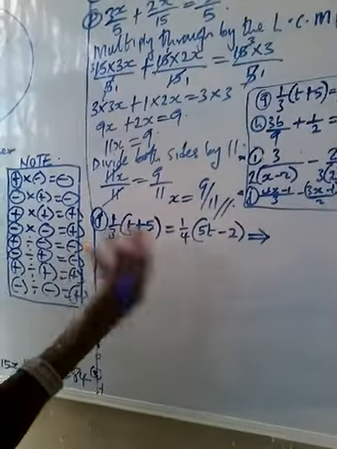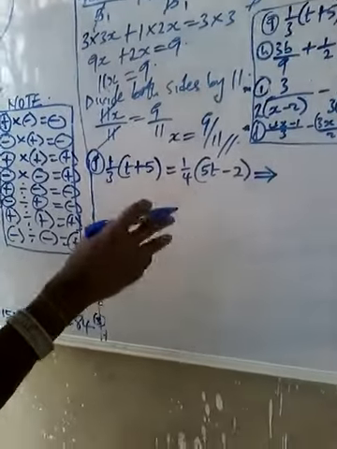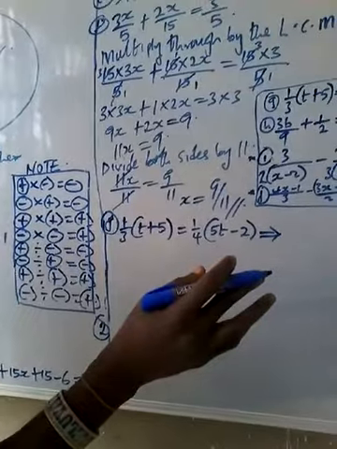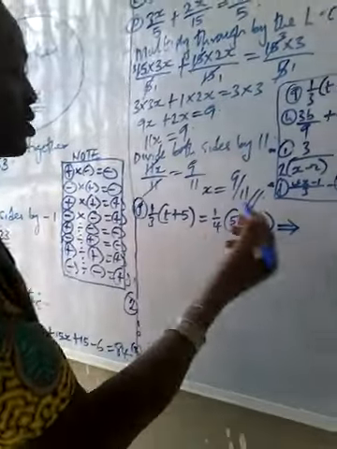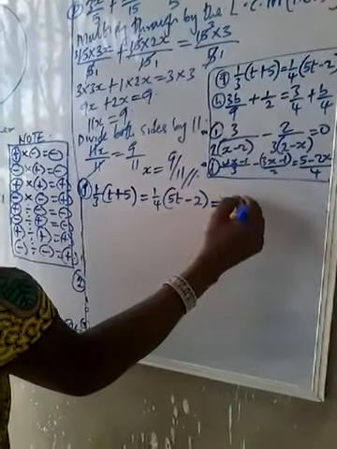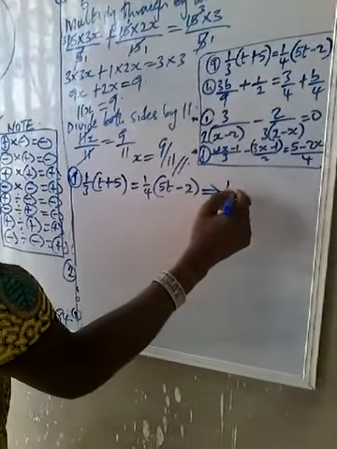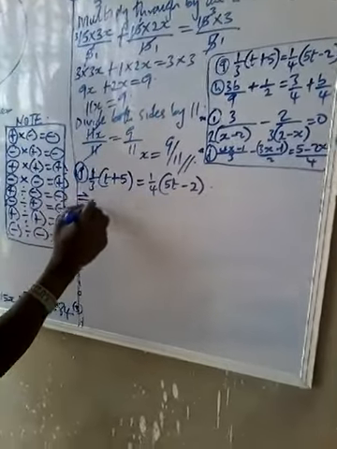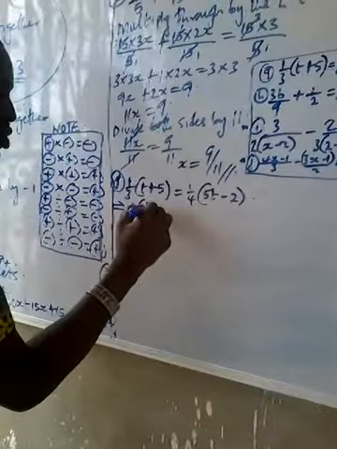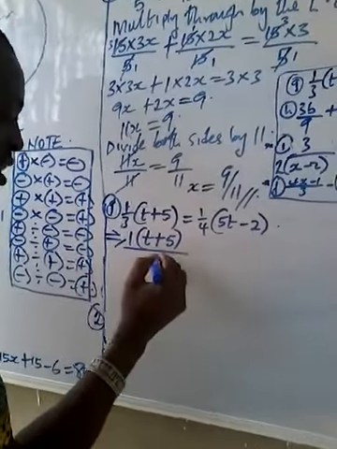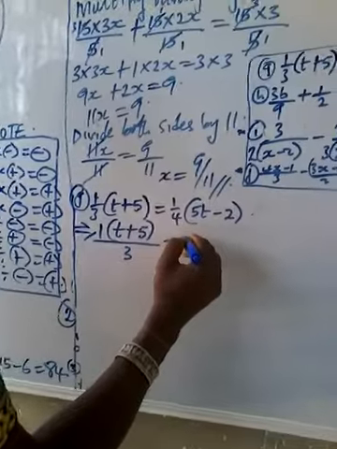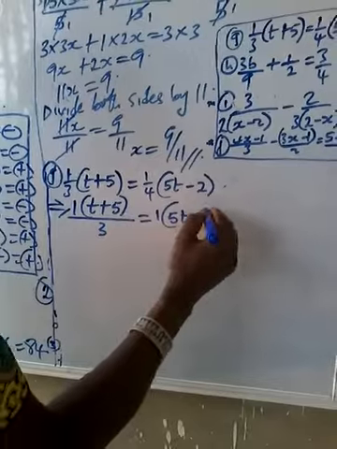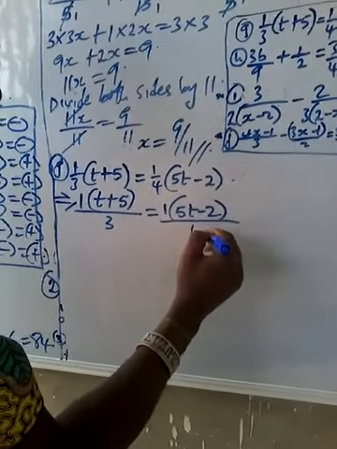Once you do that, it becomes a simple fraction that you just multiply both sides by the LCM, or you cross multiply. Now in this way, what I'm explaining is this will be same as 1 into bracket t plus 5 all over 3 is equal to 1 into bracket 5t minus 2 all over 4.